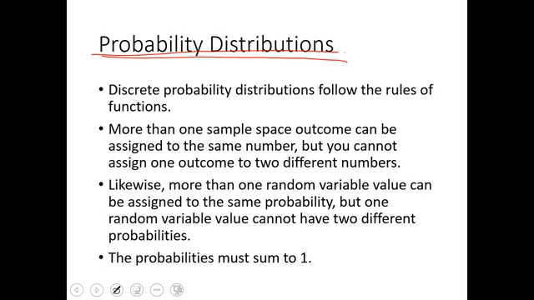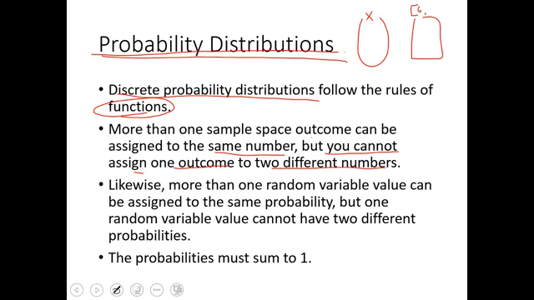a function. So the discrete probability distribution follows the rule of functions. That means more than one sample space outcome can be assigned to the same number, but you cannot assign one outcome to two different numbers. So here is x and here is the interval between 0 and 1.